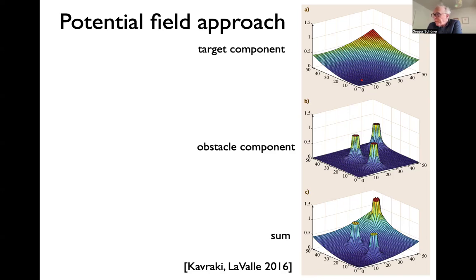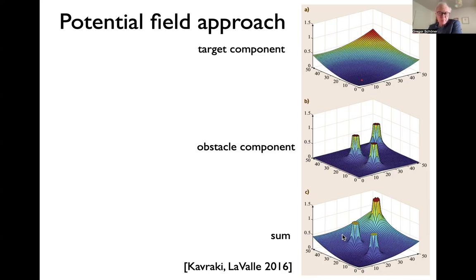And you're building that up by having a target component that has a minimum at the target, obstacle components that have maxima at the obstacles, and then when you sum them, you express these two constraints. And when I say at the target and at the obstacle, I mean at the position of the target and the position of the obstacle.